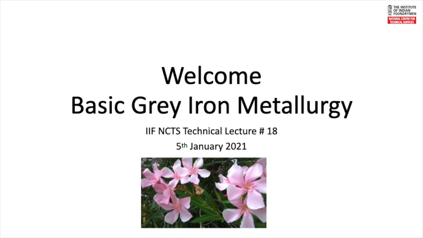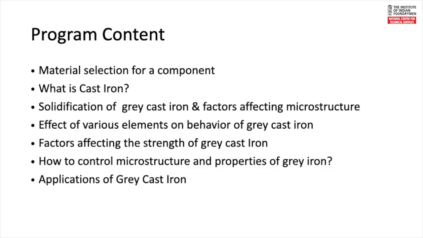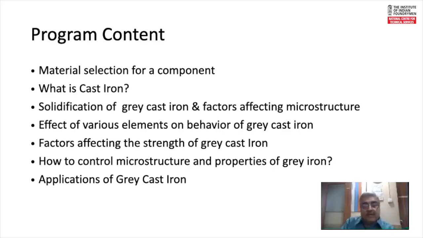Let us first have a look at the material selection for a component, say a casting of some shape. Then we will look at what is cast iron. Then we will look at solidification of gray cast iron and factors that affect the microstructure. Then we will look at the effect of various elements on the behavior of gray cast iron microstructure and properties.